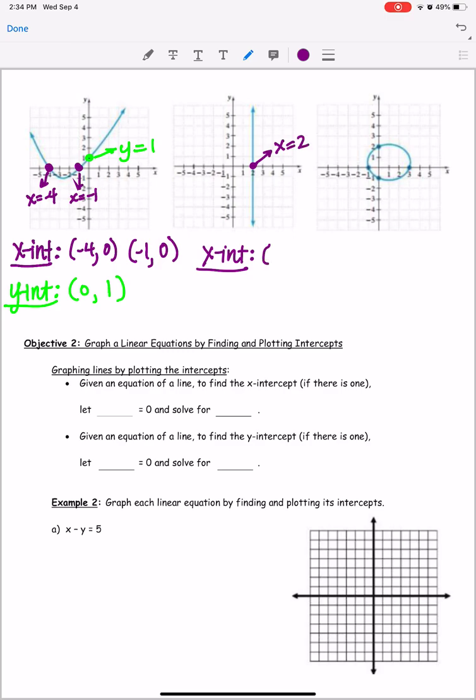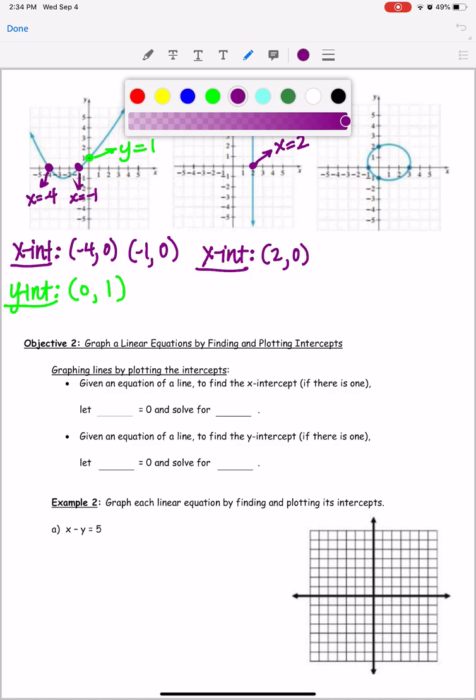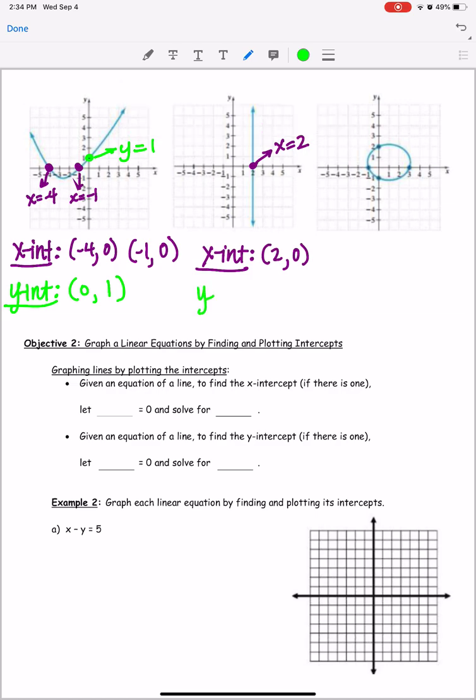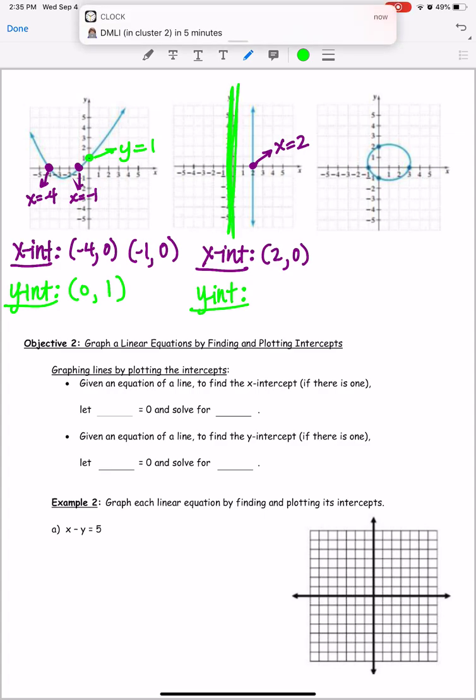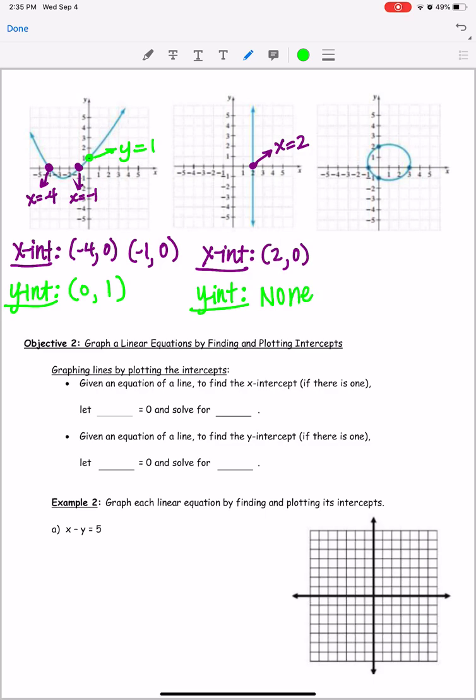So because x is 2, you've got 2 in place of your x coordinate, and so your y is 0. So then for your y-intercept, where is this graph crossing my y-axis? Well, it's not. So this is one of those cases where you've got none.